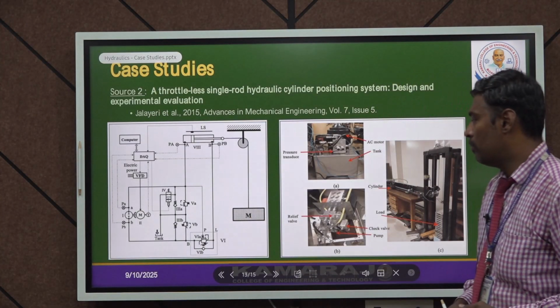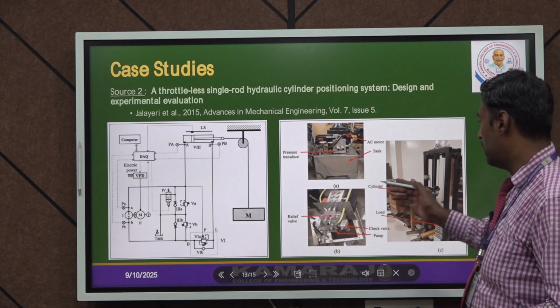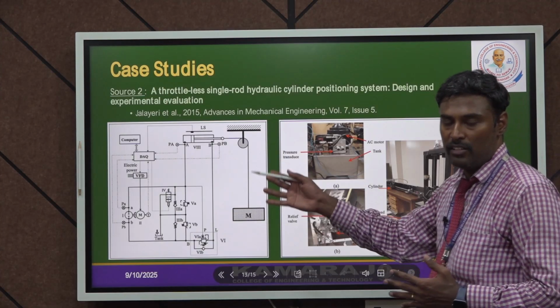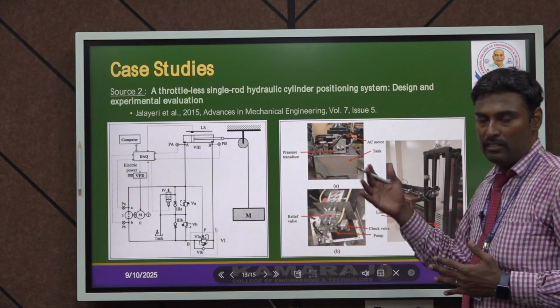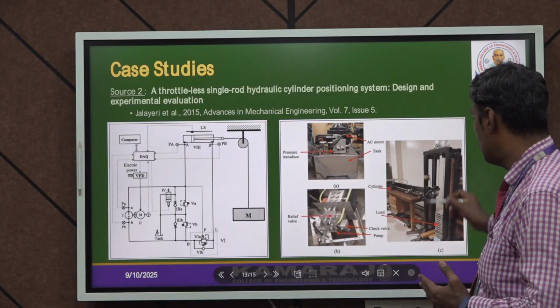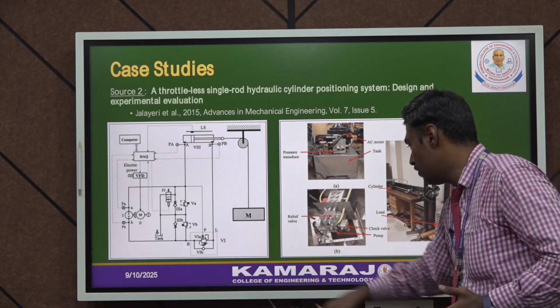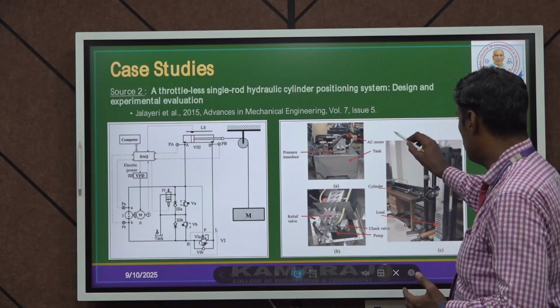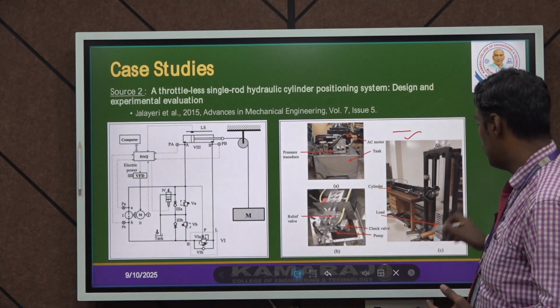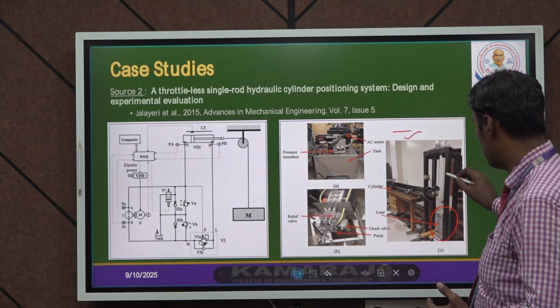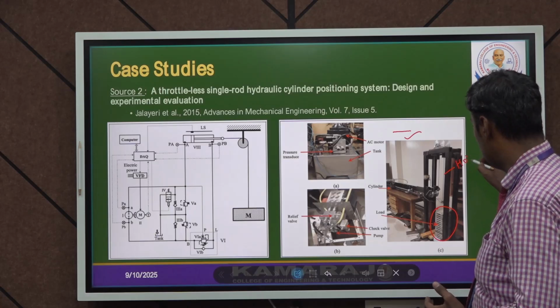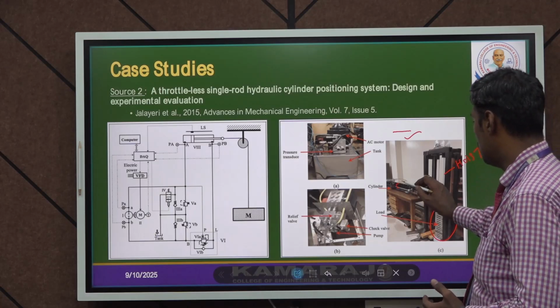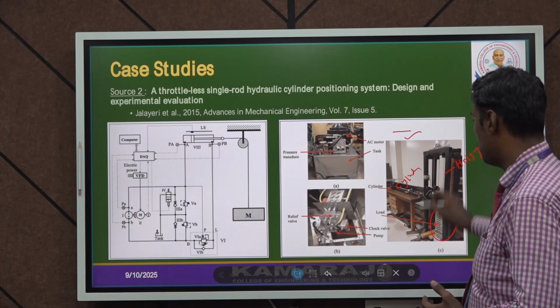This is the proposed circuit, and they entirely demonstrated it through a hydraulic cylinder and some other circuit operations in a laboratory setup. Here you can see the entire laboratory scale setup: this is the load application, this is the hoist, and this is the cylinder application.